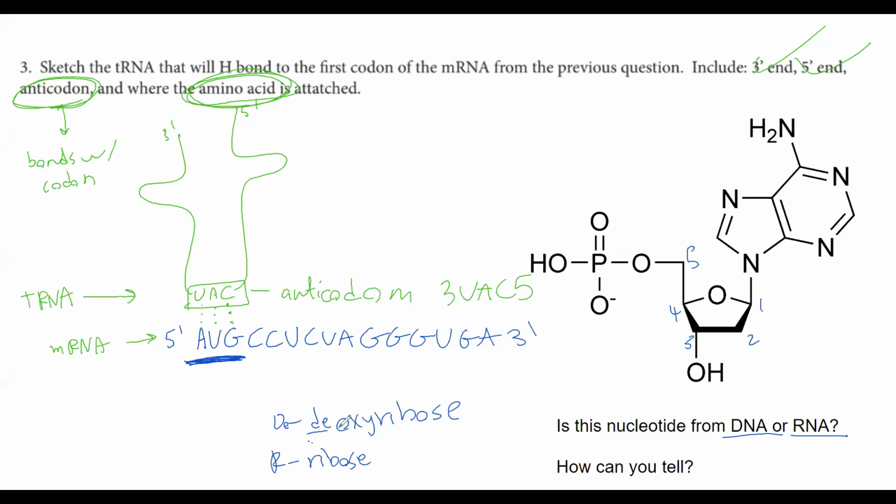Cool. So deoxy for DNA is lacking in oxy or lacking in OH groups. It's lacking that oxy on O2. So once we draw that oxy back in, that's when we have the R or ribose for RNA. So this nucleotide that I drew here, or that was originally shown here, was from DNA.